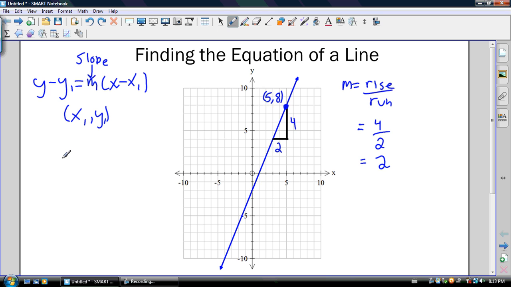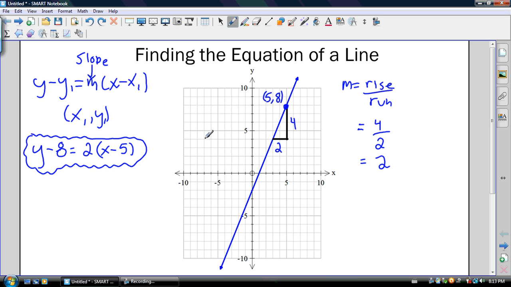That doesn't mean it's wrong, it's just different. My y doesn't get filled in, only my y1. So my y1 is 8. So y subtract 8 is equal to m, which is 2, times x minus 5. There's my slope point form of this line.